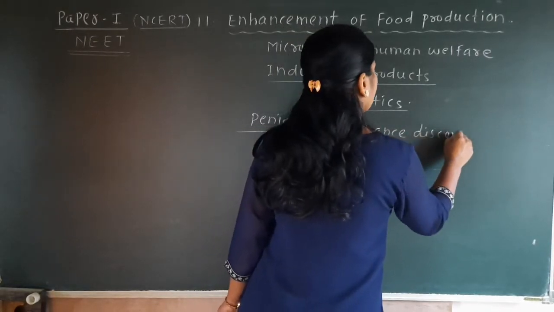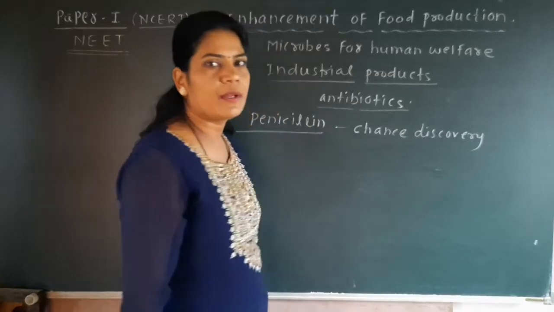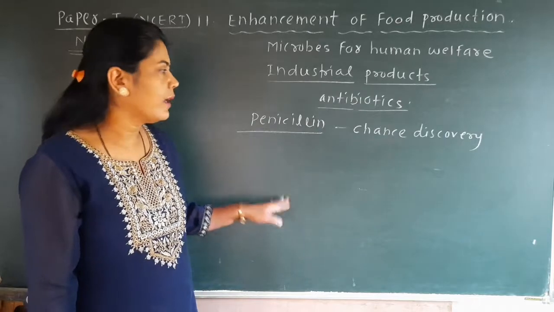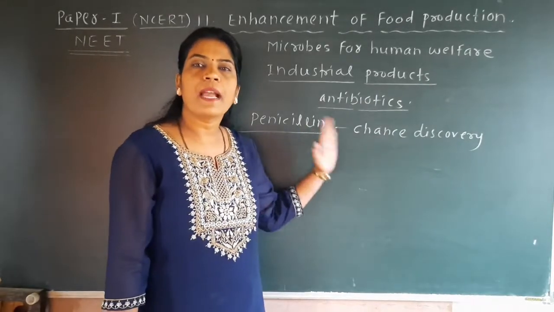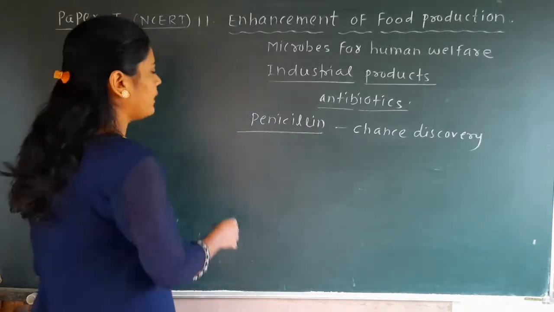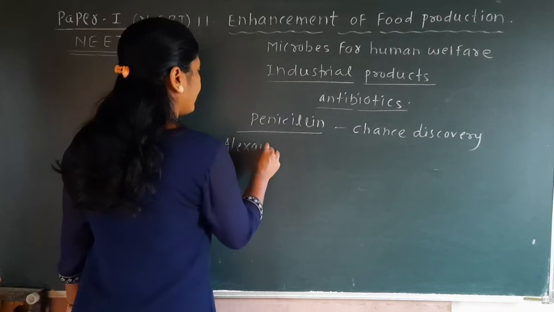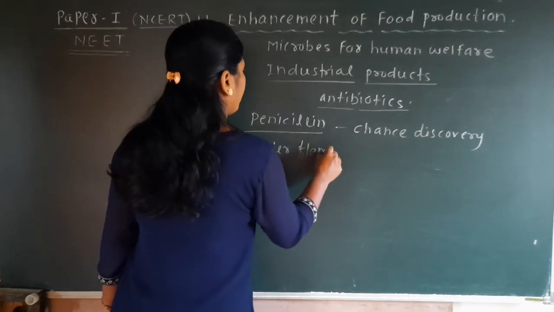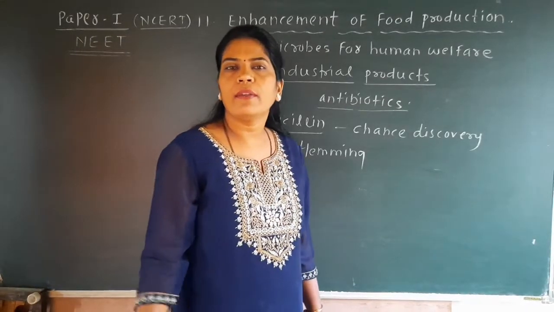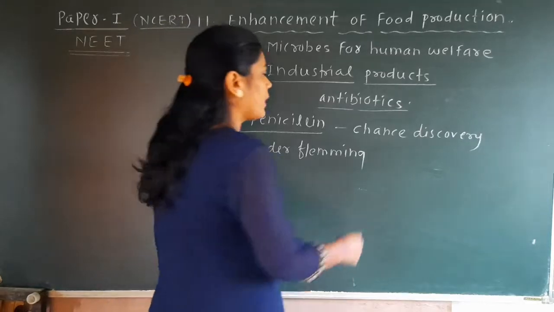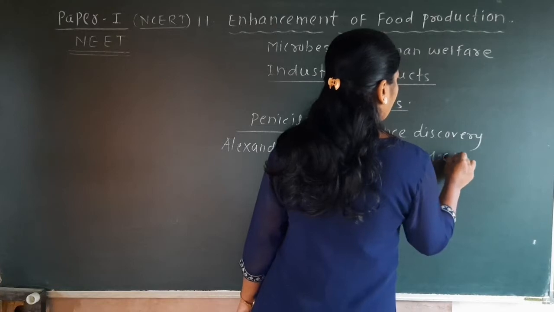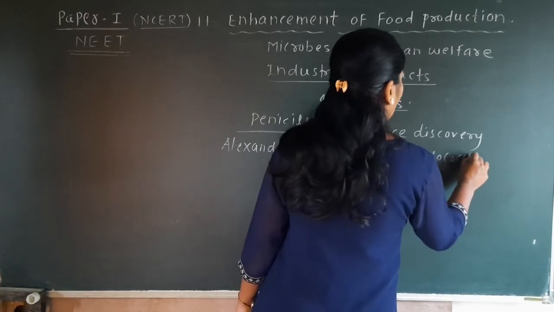It is called the chance discovery. Why is it called the chance discovery? Because this antibiotic penicillin was produced by chance. Which scientist has a role in it? The name of the scientist is Alexander Fleming, who discovered this antibiotic by chance while working on bacteria, and the name of that bacteria is Staphylococcus.